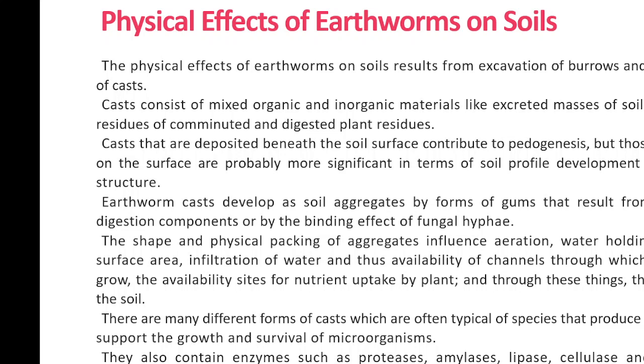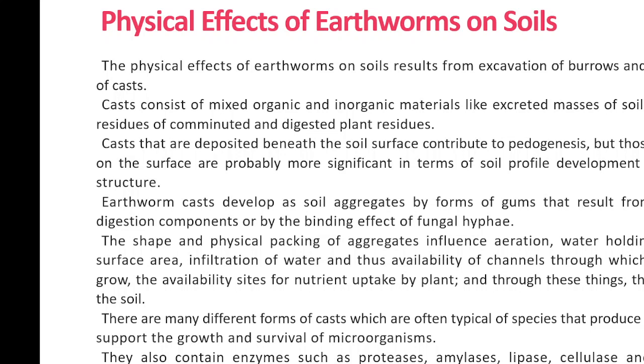What the earthworm does is feed on the soil, and the soil contains some organic matter. That organic matter is absorbed by the stomach and intestine of the earthworm, and whatever is left, that is mainly soil, is eliminated or excreted through its anus.